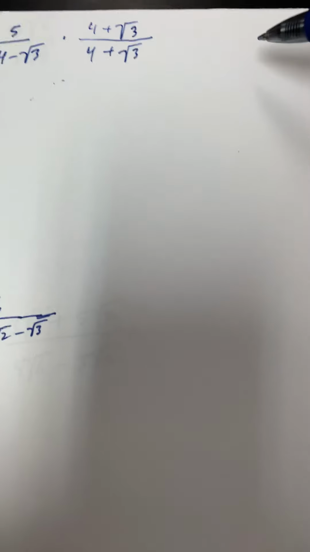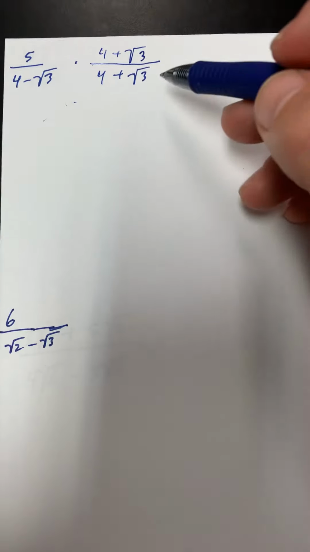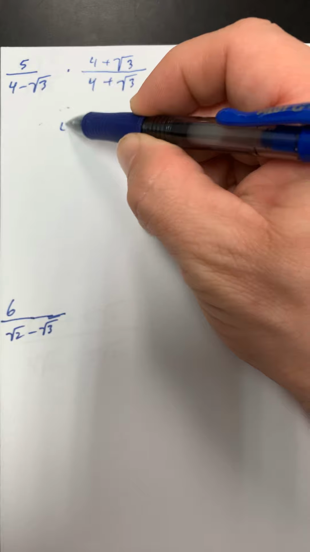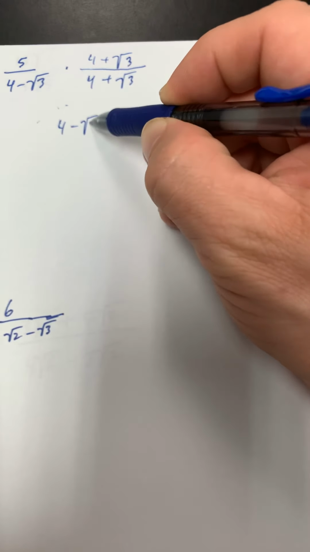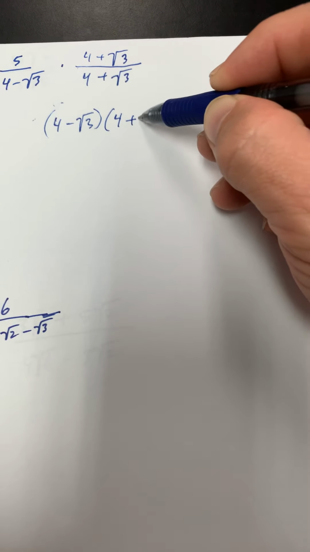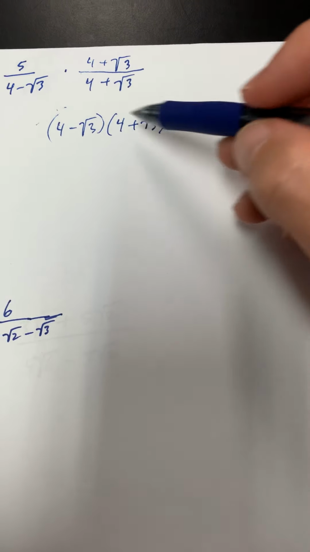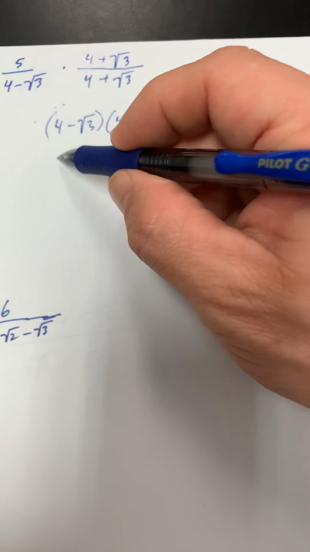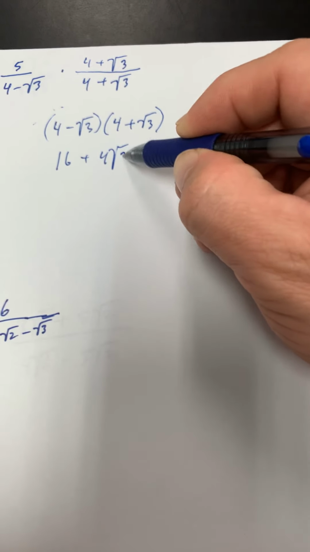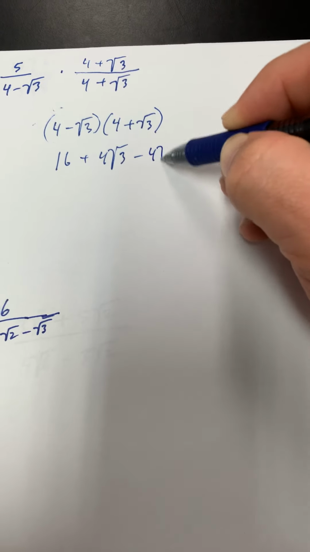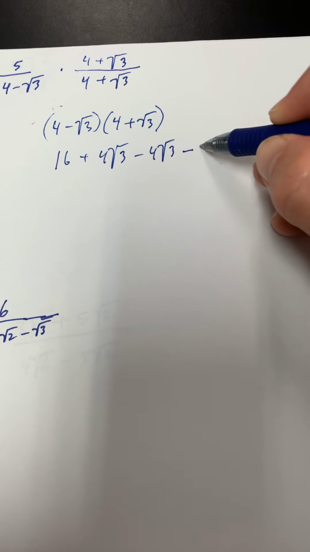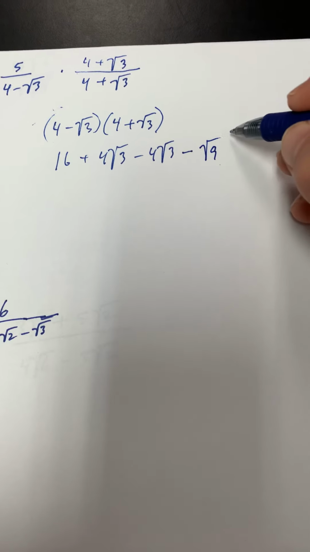Okay? So what happens when you multiply by the conjugate? Well, I'll show you. If you take 4 minus the square root of 3 and multiply that times 4 plus the square root of 3, just use the FOIL method, so you get 16 plus 4 times the square root of 3 minus 4 times the square root of 3, and then you get minus the square root of 9.